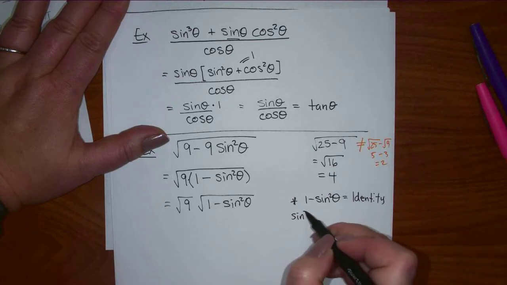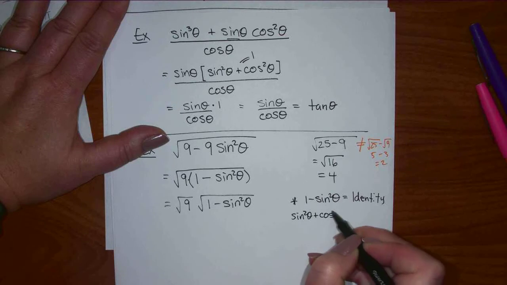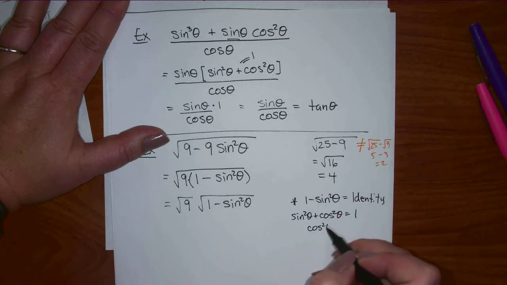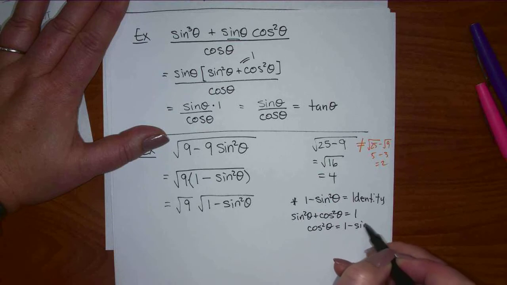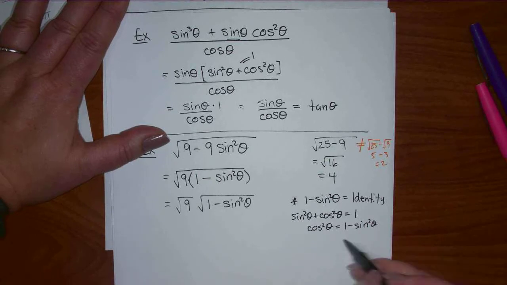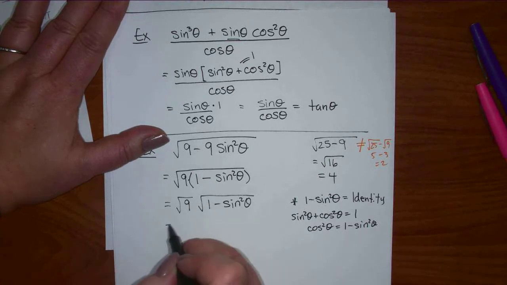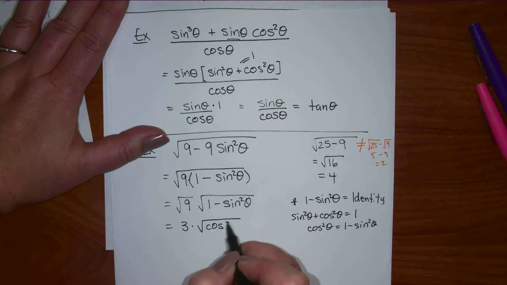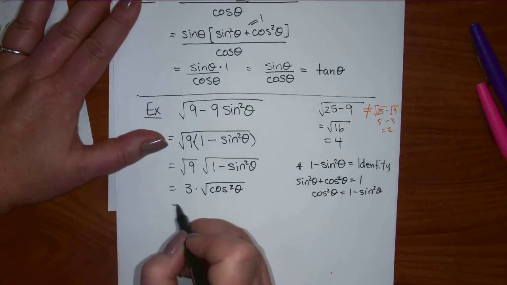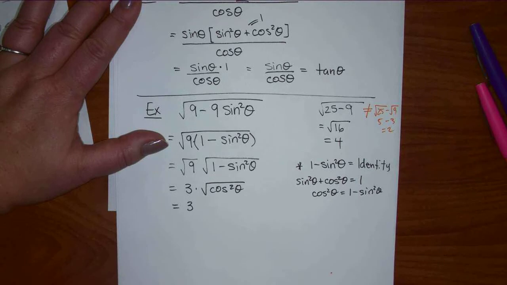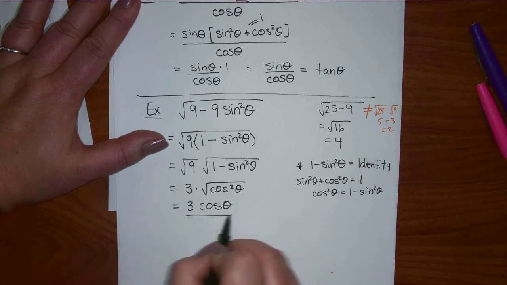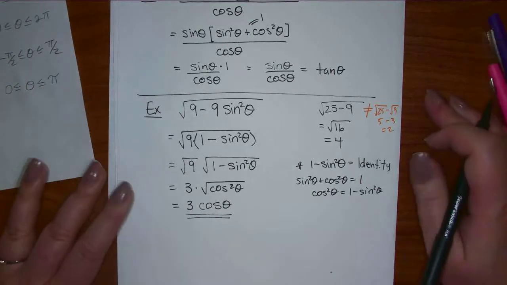Sine squared plus cos squared equals 1 can be rearranged to be cos squared equals 1 minus sine squared, moving the sine over. So 1 minus sine squared is equal to cos squared. And what would the square root of cos squared be? Square root and a square cancel out, so this is your cos. That would be your answer.